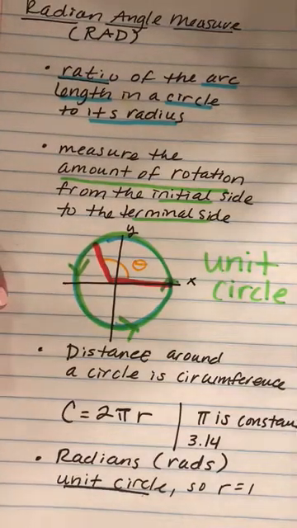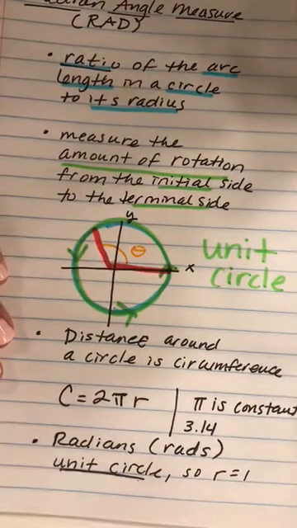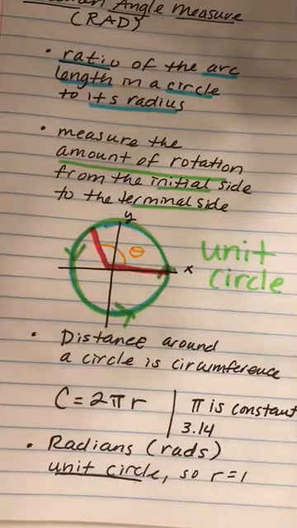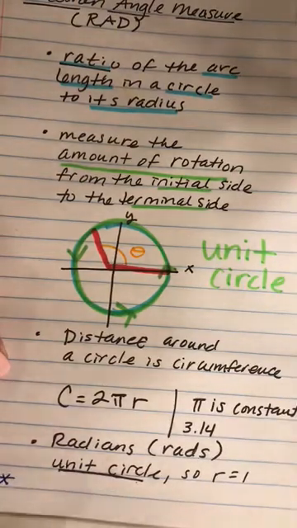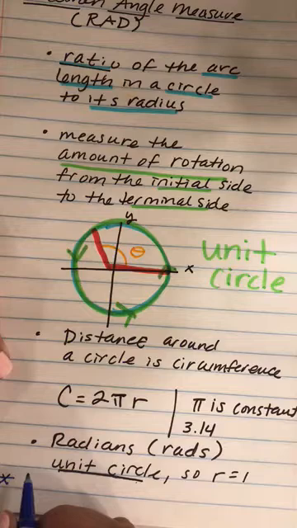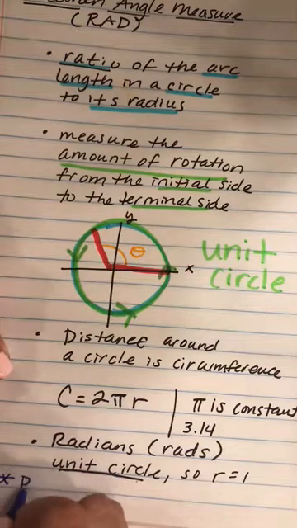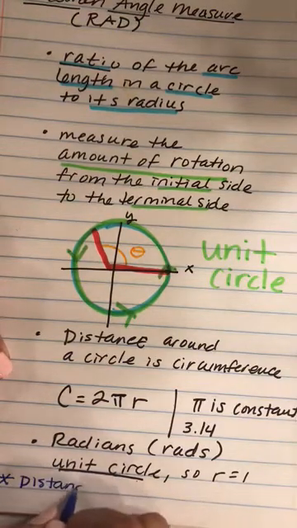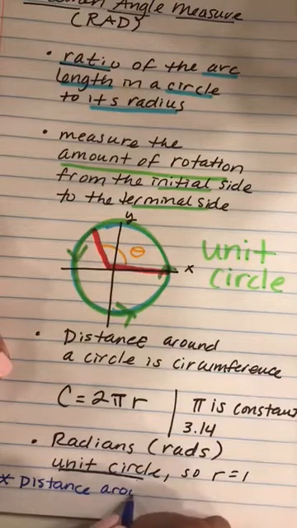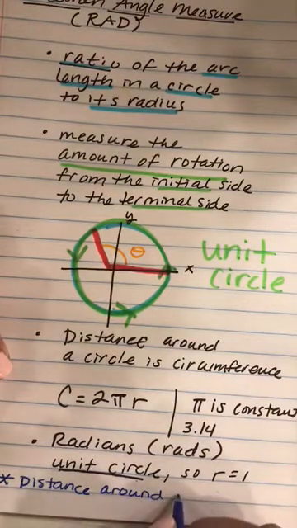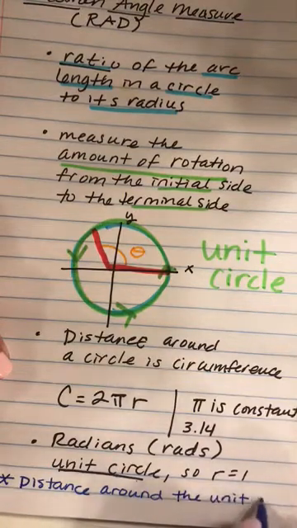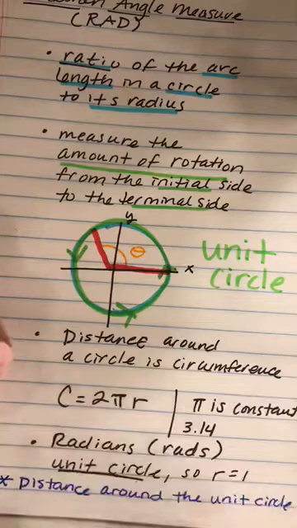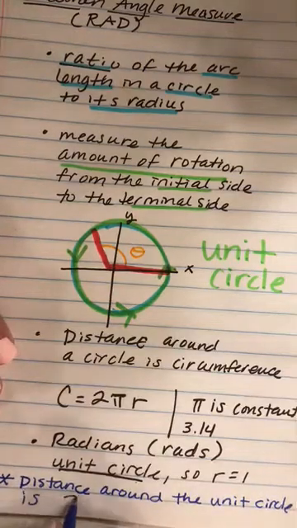Okay. One other note that I want to make is that the distance around the unit circle is 2 pi.